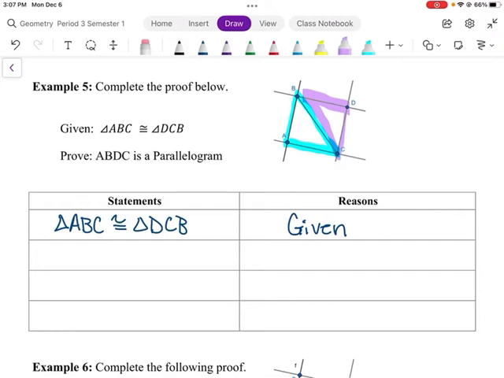So in our triangle, the first one was named ABC, and the second one was named DCB. So we can label the congruent sides to each other. We know that AB is going to be congruent to DC, and we can write that down here.